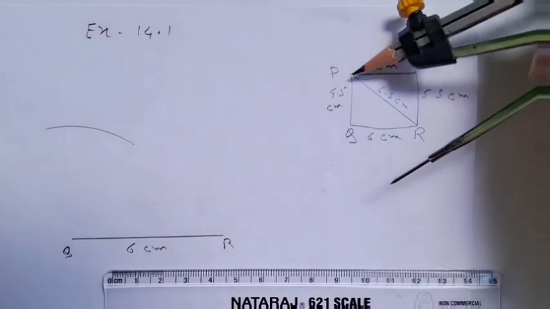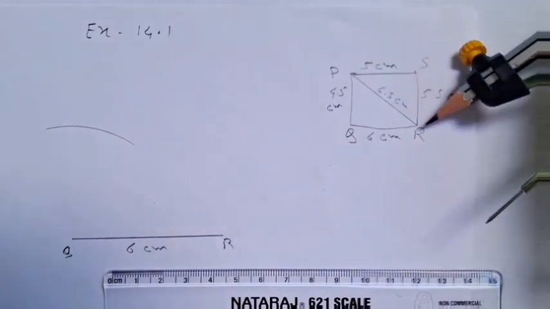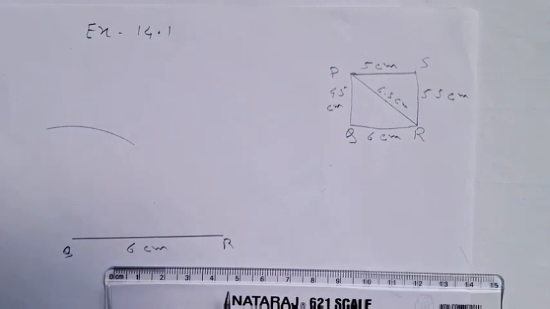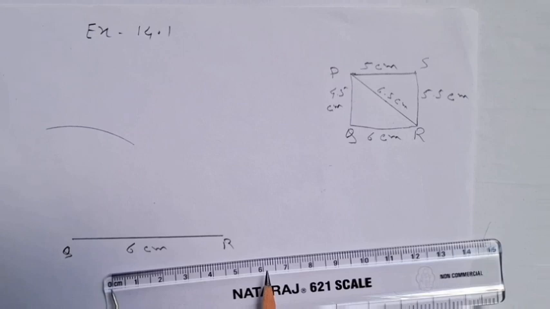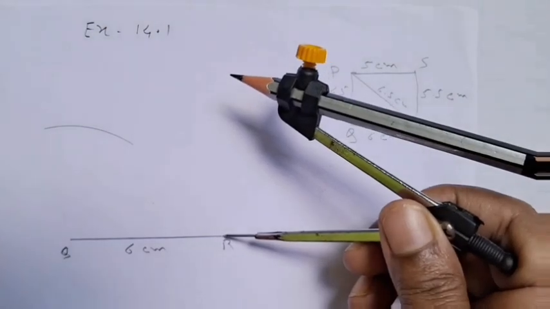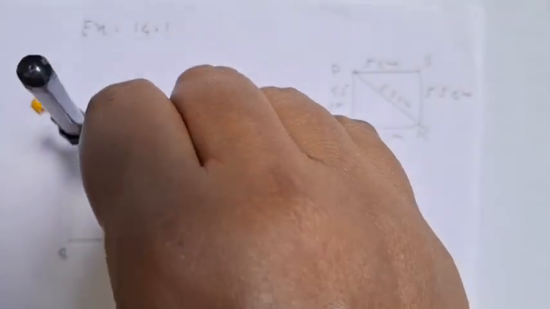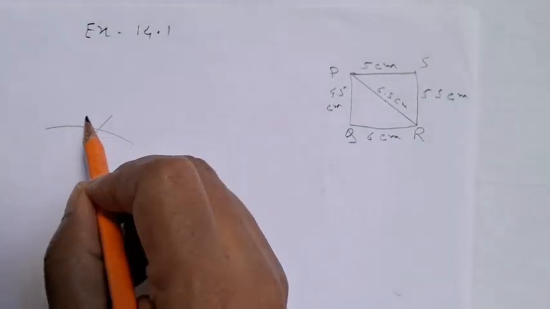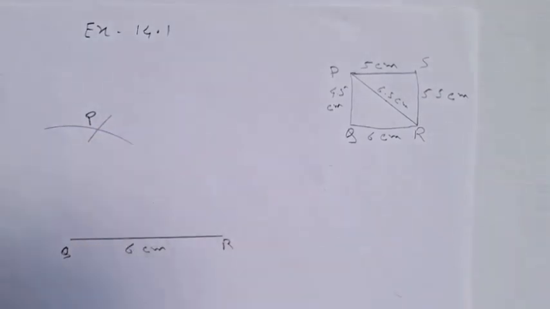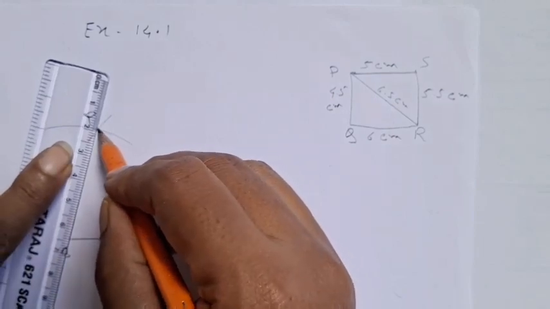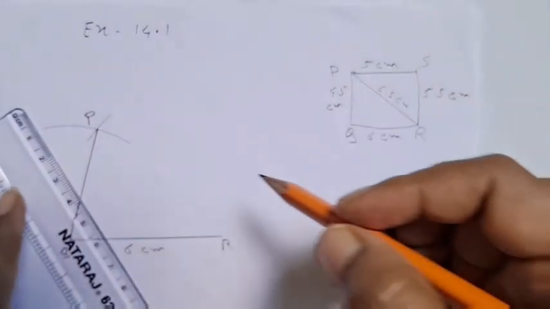And the point P is 6.5 cm away from R. So taking 6.5 cm in my compass and taking R as center, I draw another arc which cuts the previous arc. This point is P. Now I join PQ and PR.